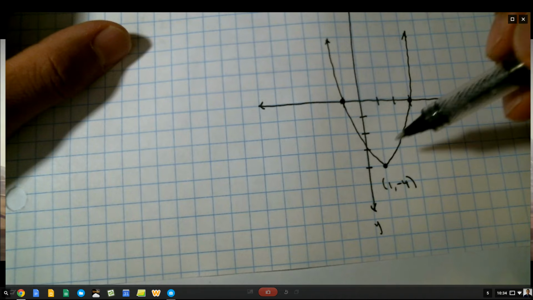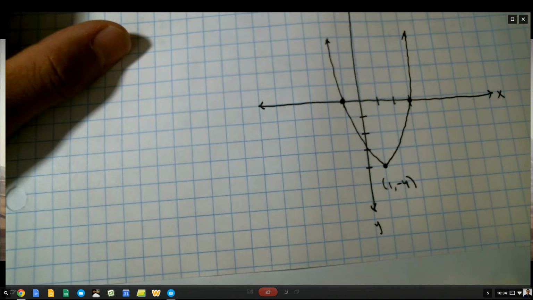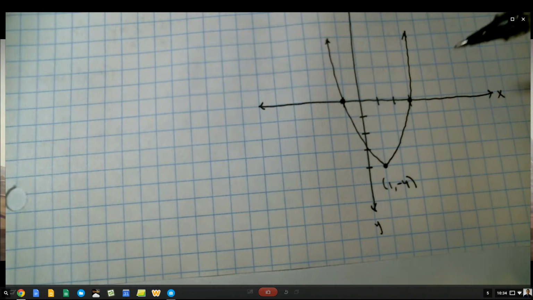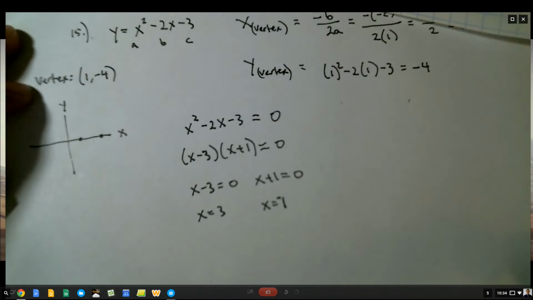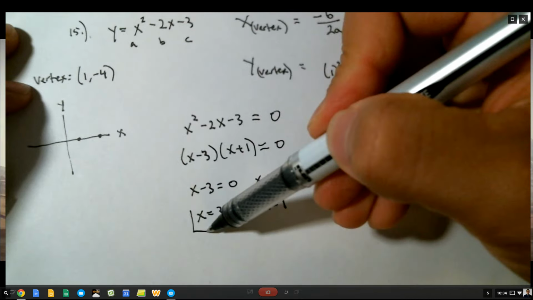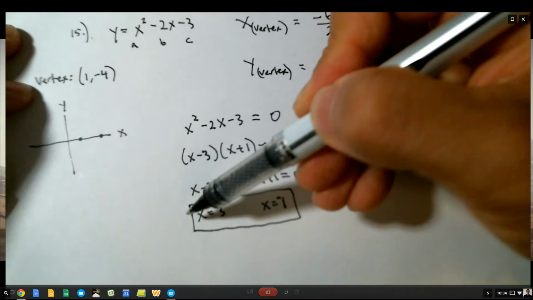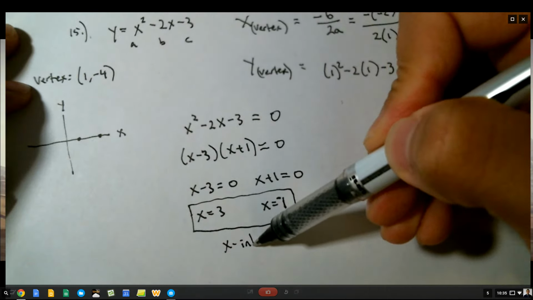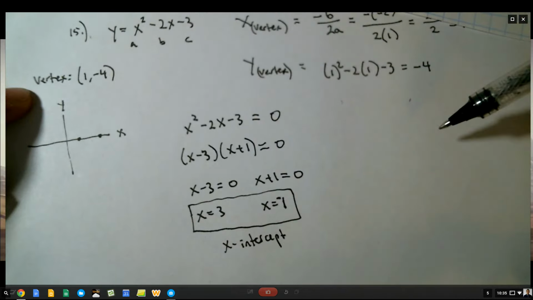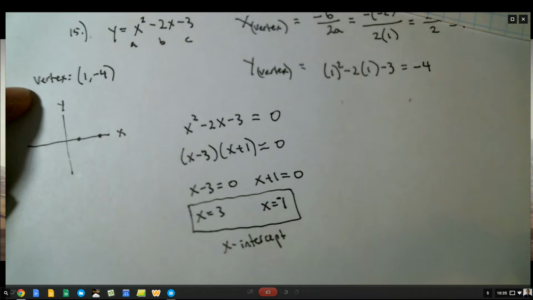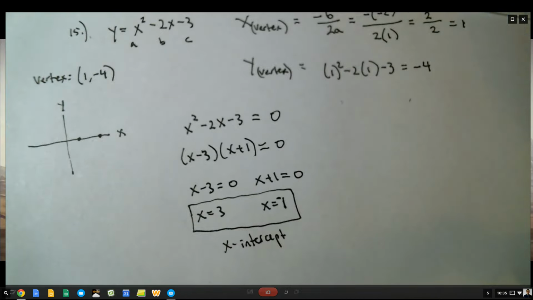Okay, we have a much better version of how to graph it. So now the question asks, we already got the x-intercept. We have the vertex. Let's find the y-intercept. How do we find the y-intercept again?